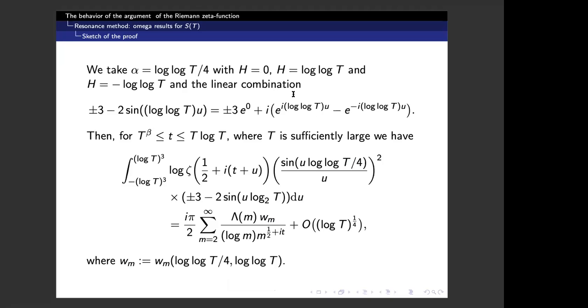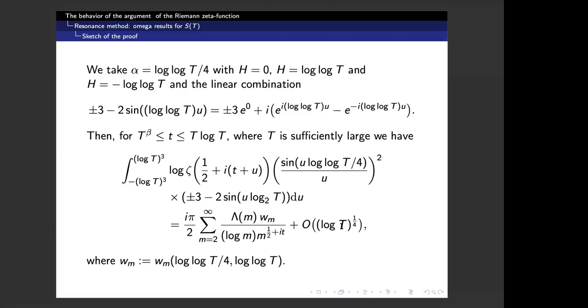And finally, the series that appears with alpha log t over 4 and h log t appears in this part. So what I am saying is the following: this integral of the logarithm of this kernel multiplied by this function has this form, p over 2, this series, and the error term.